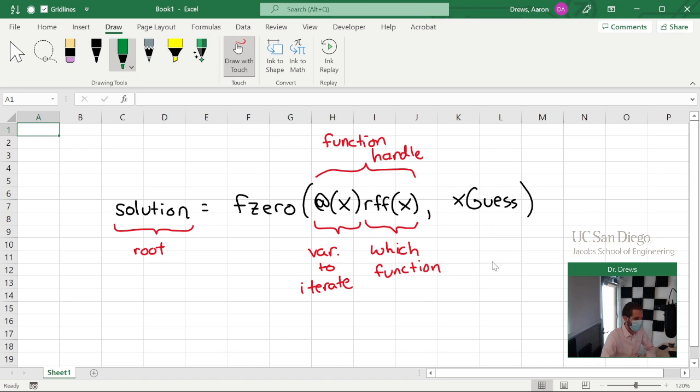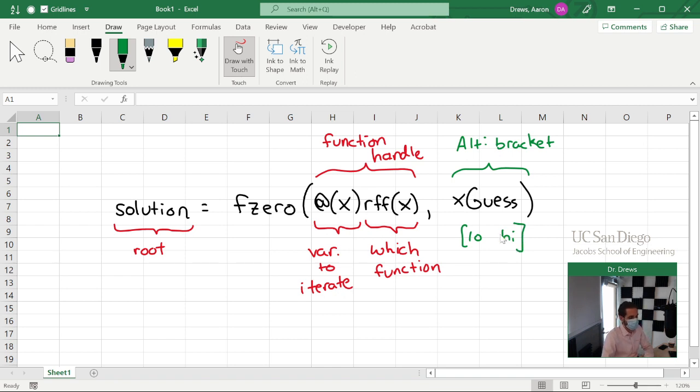Actually, let's put it up on the top since I know my camera is sitting like right about here. An alternate form is what we call a bracket. So you can tell MATLAB that the root has to be somewhere between a low value and a high value.